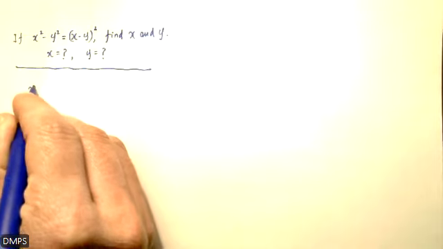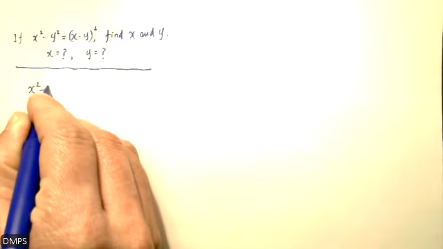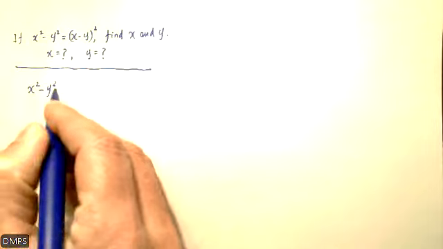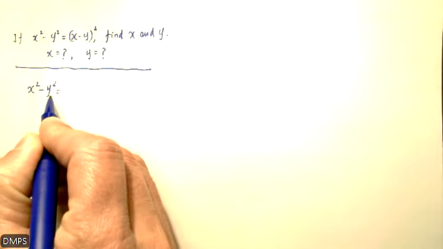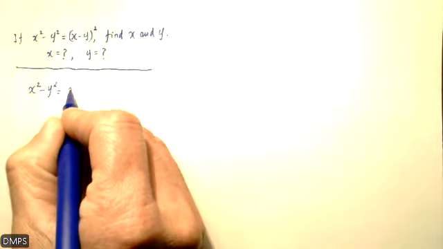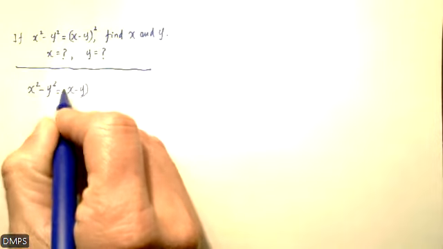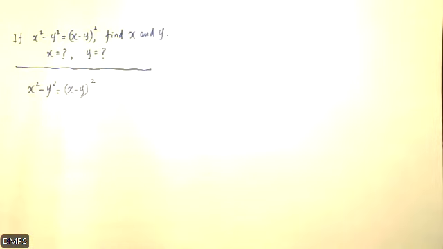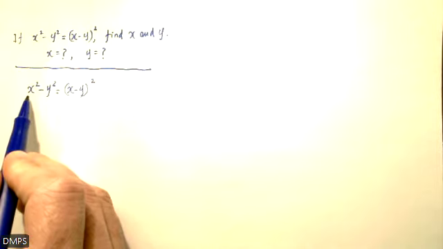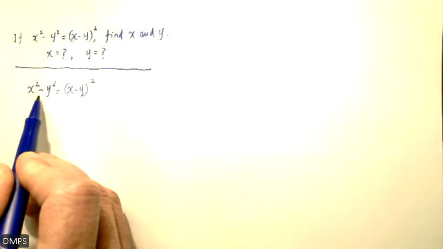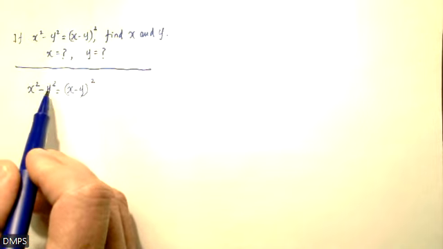So it is given x squared minus y squared is equal to x minus y squared. Here what we have is difference of squares.